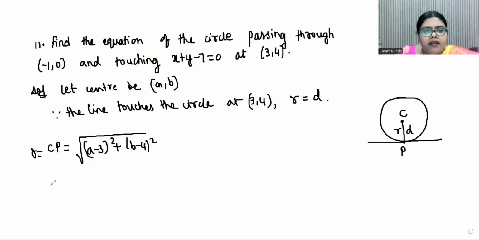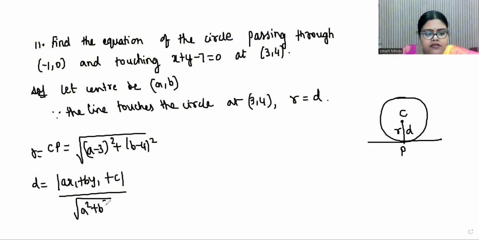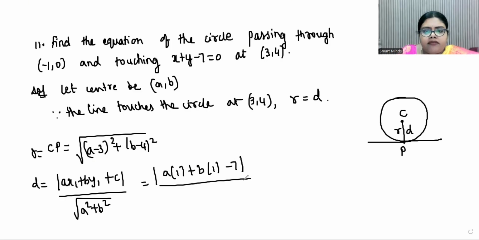And what is perpendicular distance? D is the perpendicular distance, mod of ax1 plus by1 plus c, divided by root of a square plus b square. So that is mod of a into 1 plus b into 1 minus 7, by root 1 plus 1.